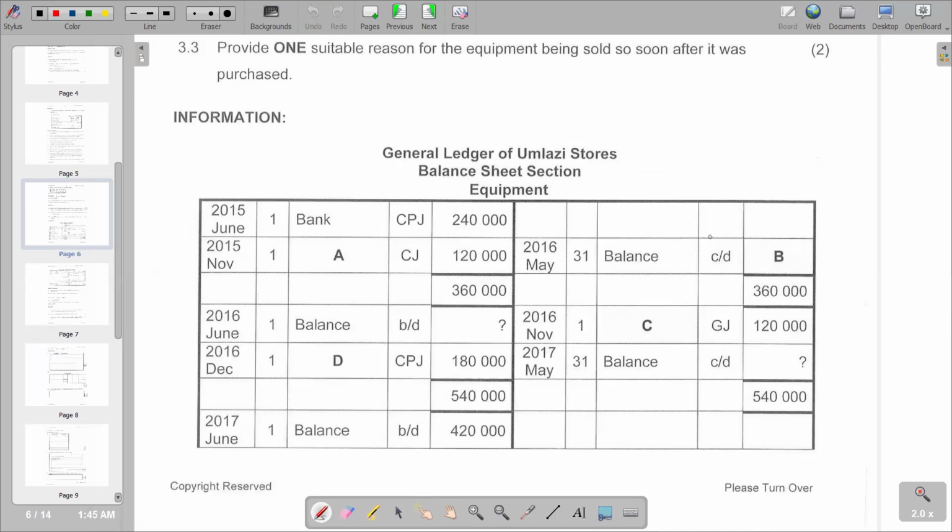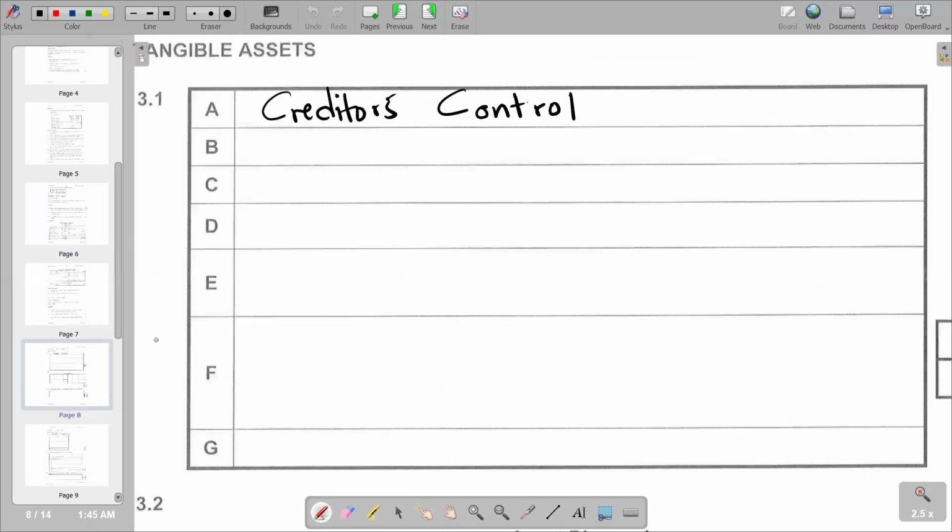We see that for the balance sheet, obviously, we don't have anything on the credit. So the same greater total in between the double lines is the same figure that is not coming. Remember, what is supposed to be on the credit, the total should be equal to what we have on debit. Since we don't have anything on the credit side, it means 360,000 automatically becomes our B. So we have 360,000 being our B. So this is what we have.